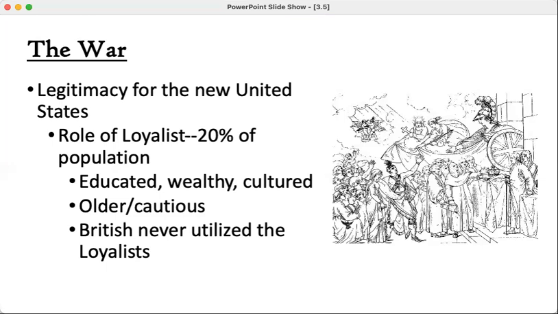So the question is, why didn't the British use the loyalists, right? There's so many of them. They have money. They are in positions of power and influence. Why not take advantage of this group of people within the enemy camp? The answer is the British didn't actually trust them.